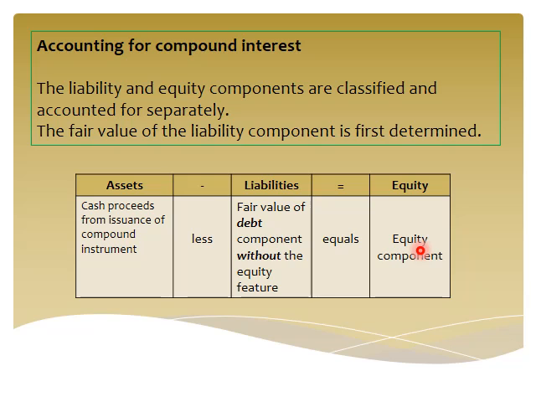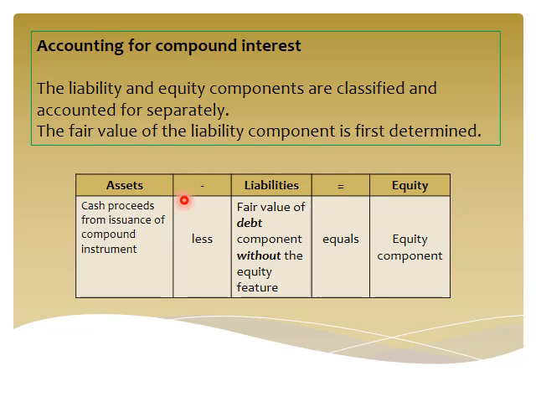Now, if the bond issuer received money from issuing the compound financial instrument, therefore, that is the asset, the cash proceeds from the issuance of the compound financial instrument. Less the liability component. Again, the compound financial instrument has a liability and an equity component.